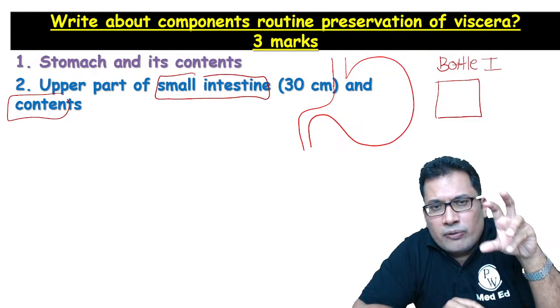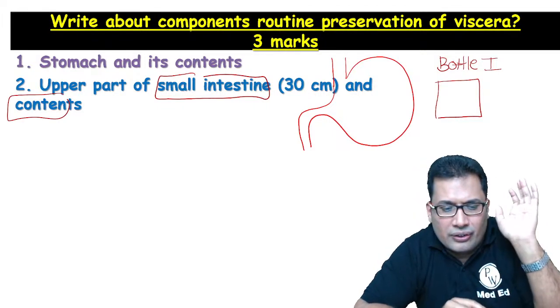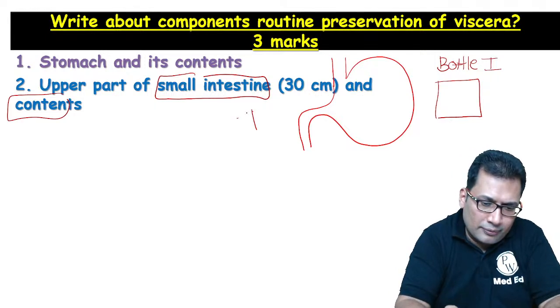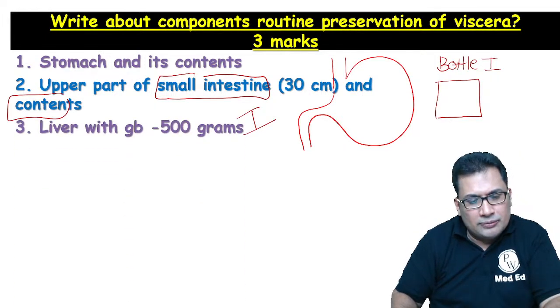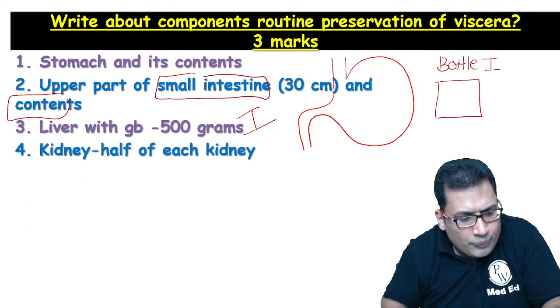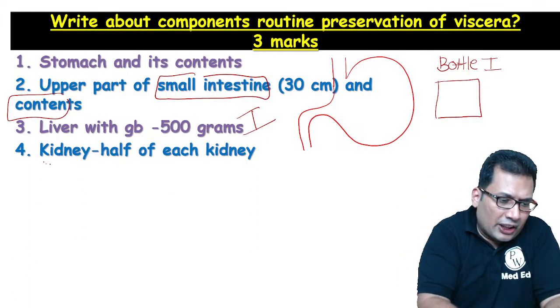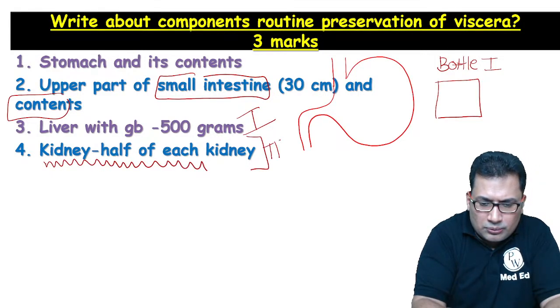Bottle number 1 consists of stomach, duodenum and its contents. Bottle number 2 consists of liver along with the gallbladder, around 500 gram, and half of each kidney.